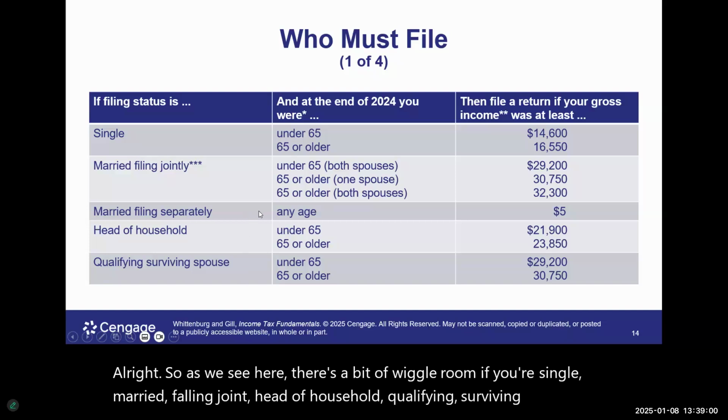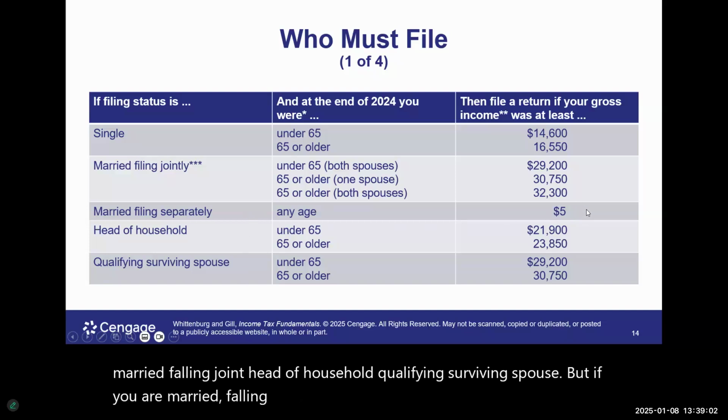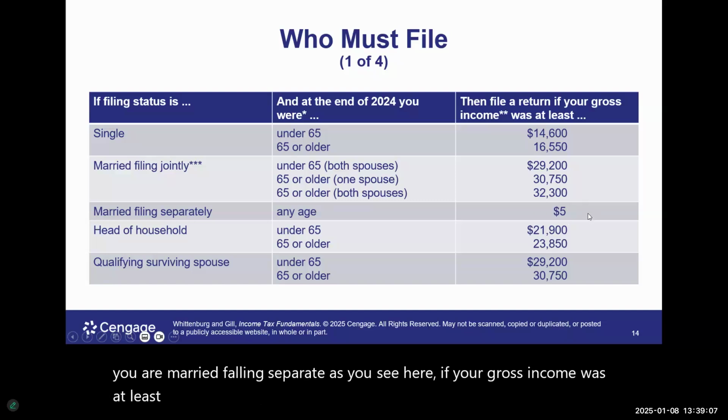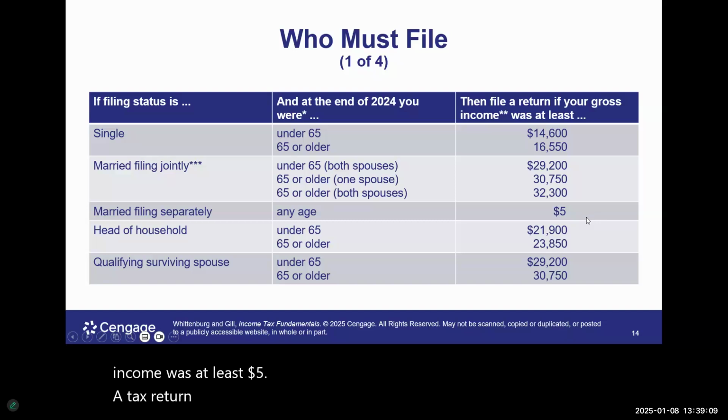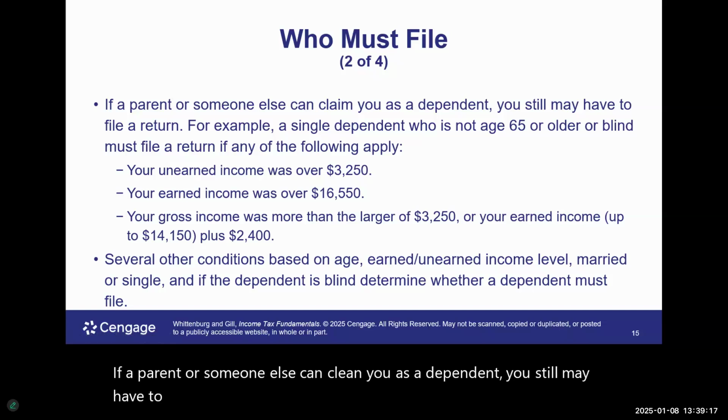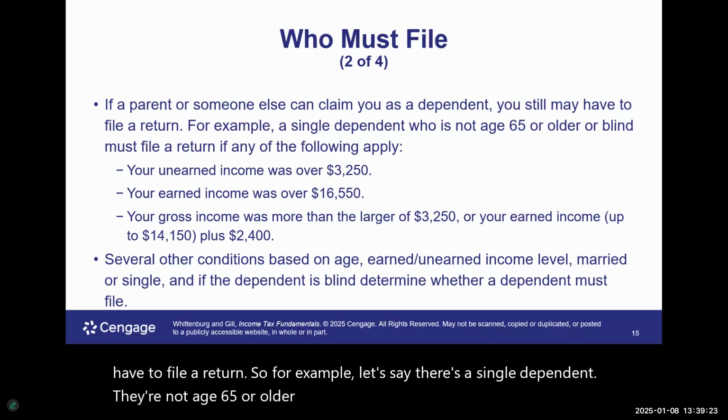But if you are married filing separate, as you see here, if your gross income was at least $5, a tax return needs to be filed. If a parent or someone else can claim you as a dependent, you still may have to file a return. So for example, let's say there's a single dependent, they're not age 65 or older or blind, they need to file a return if any of the following apply.